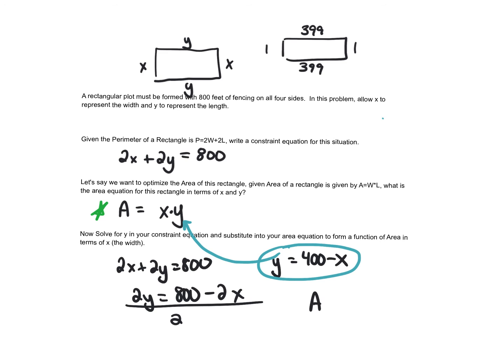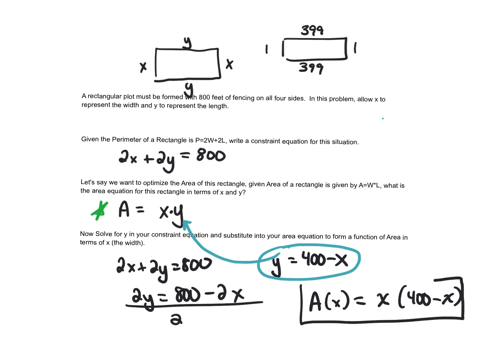So our function for area in terms of x, because we no longer have y, we just have x, is simply going to be x times 400 minus x. So this is a function for the area of this rectangle for different widths of x that gives its area. And so when we start doing the calculus on this, we will try to figure out which x is going to give us the highest number, the highest area. But for now, we're just trying to set up the equations.